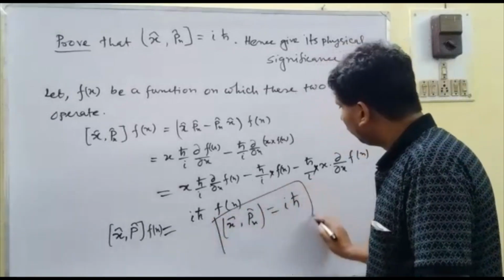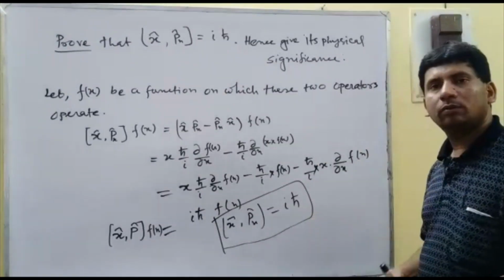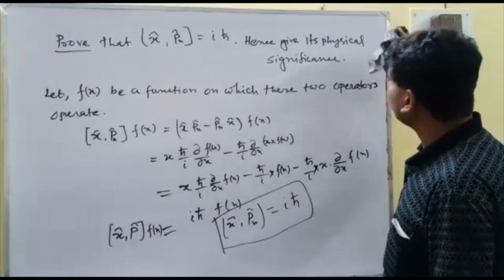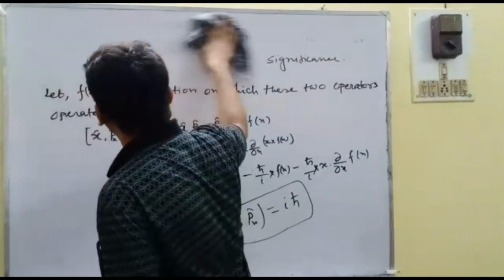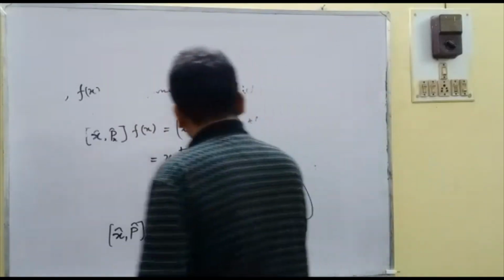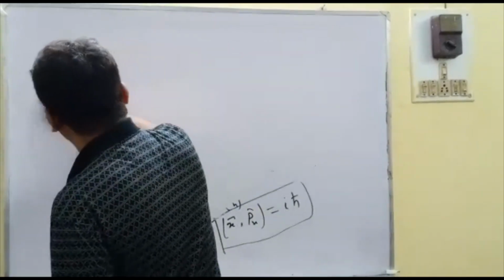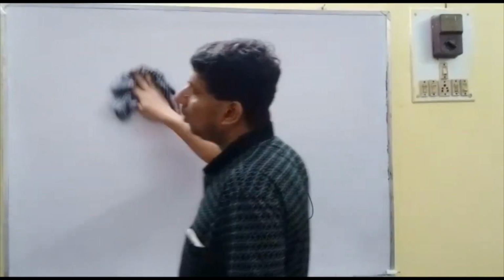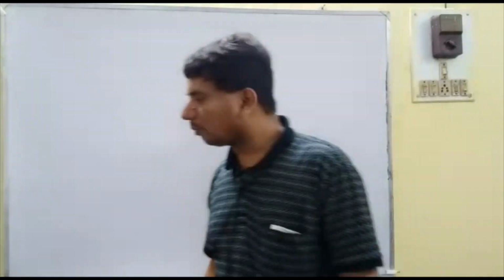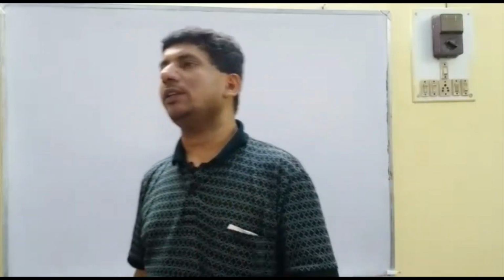This is the proof. But what is the physical significance? We know the Heisenberg uncertainty principle: for a microscopic moving particle, we can't measure the position and momentum simultaneously.